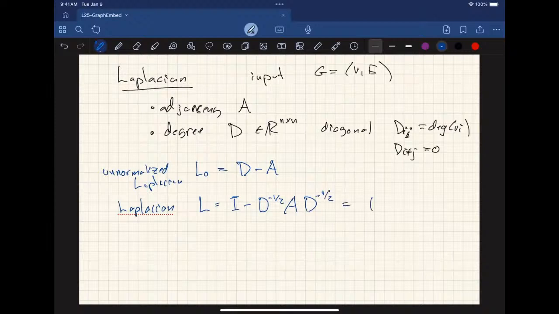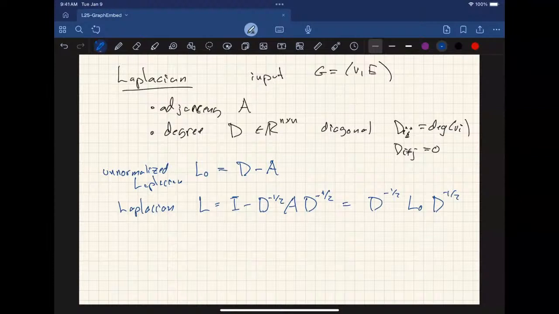And this is equal to, I can also think of this as, D to the minus 1/2 times L0 times D to the minus 1/2. Okay, so these are the unnormalized Laplacian and the Laplacian matrix.